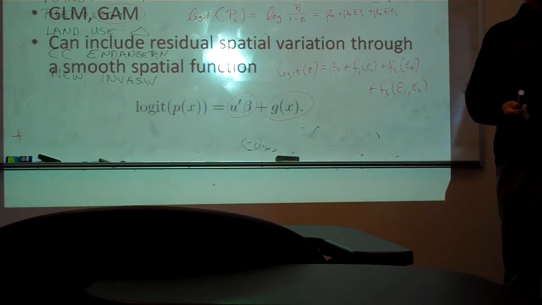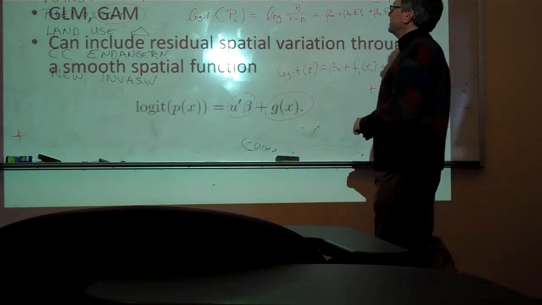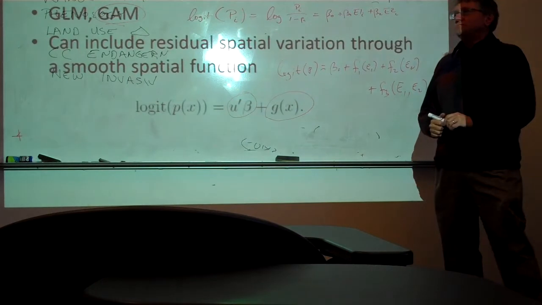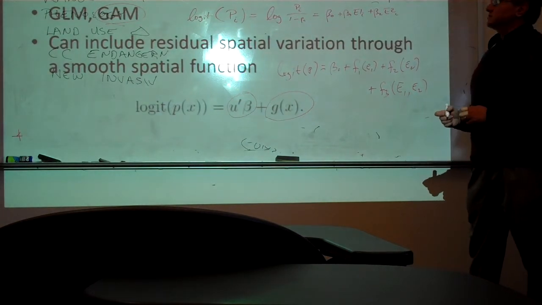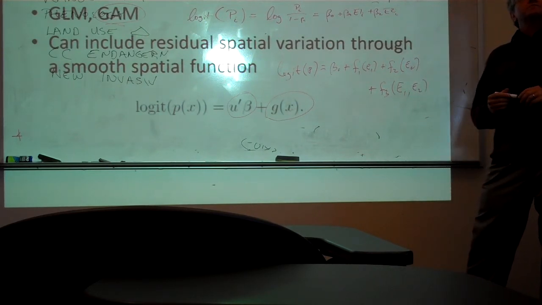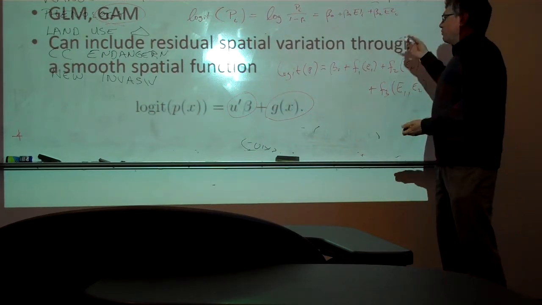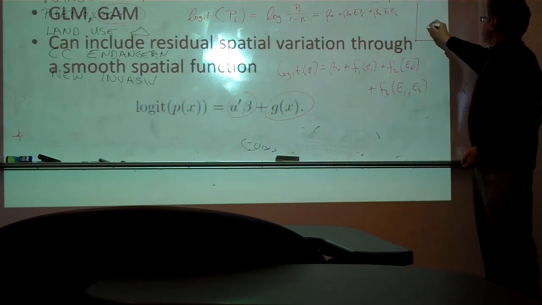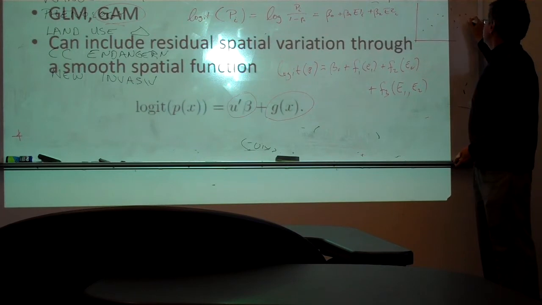So a spline is a function, but you basically say that, let's see, I'll explain splines in a short amount of time. In one dimension, say we've got a bunch of data.